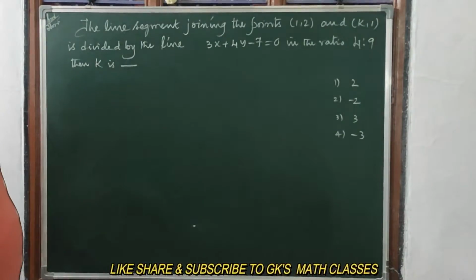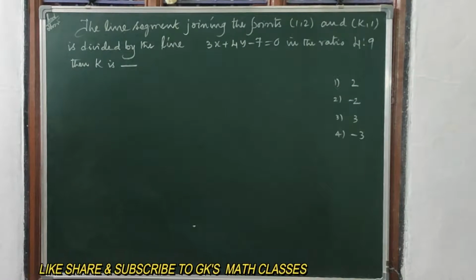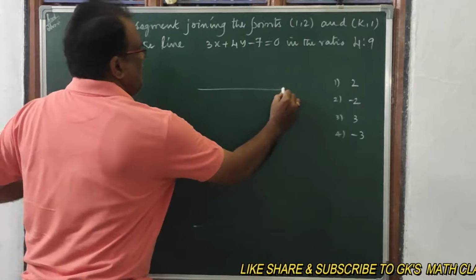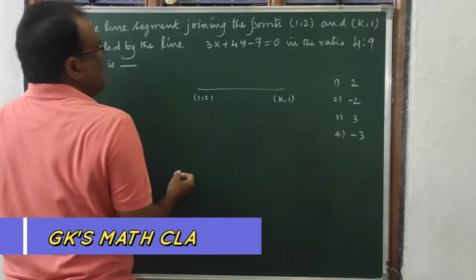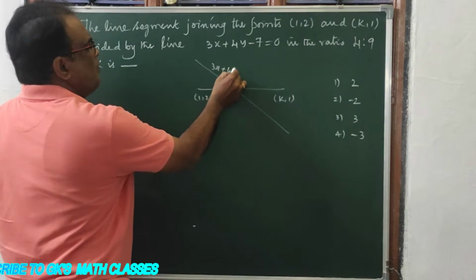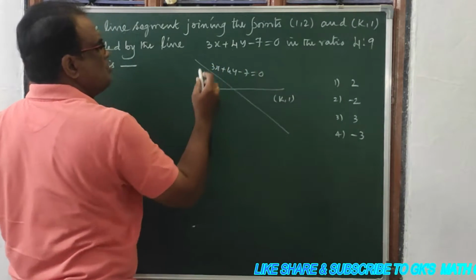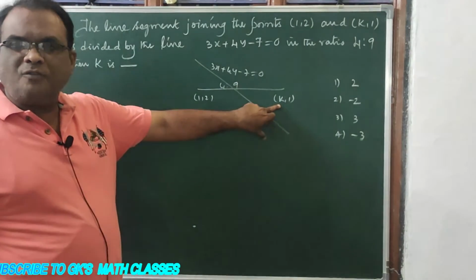The second question: the line segment joining the points (1, 2) and (k, 1) is divided by the line 3x plus 4y minus 7 is equal to 0 in the ratio 4:9. Then what is the value of k?